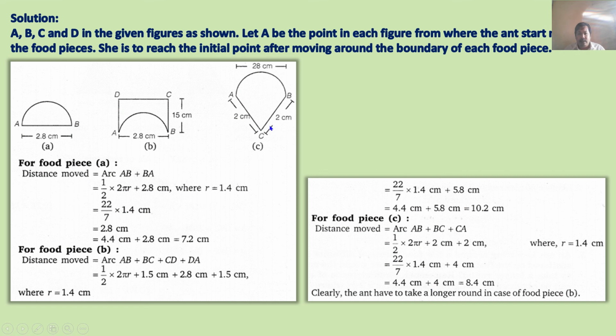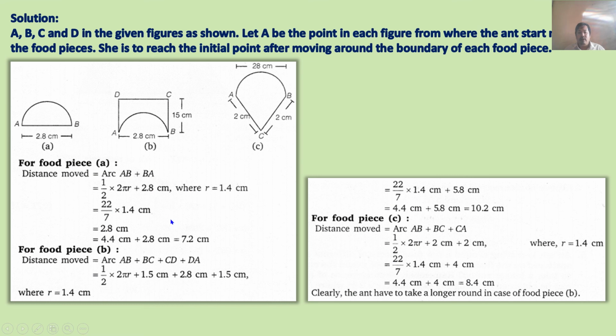You see BC is 2 centimeter, isn't it? And AC also 2 centimeter, that means 4 centimeter both together. So 4.4 centimeter is half of the circumference, and 4 centimeter is the total of BC and CA. That means it's getting here a total of 8.4 centimeter. This is the total perimeter or total distance of the round made in foot C by the end.